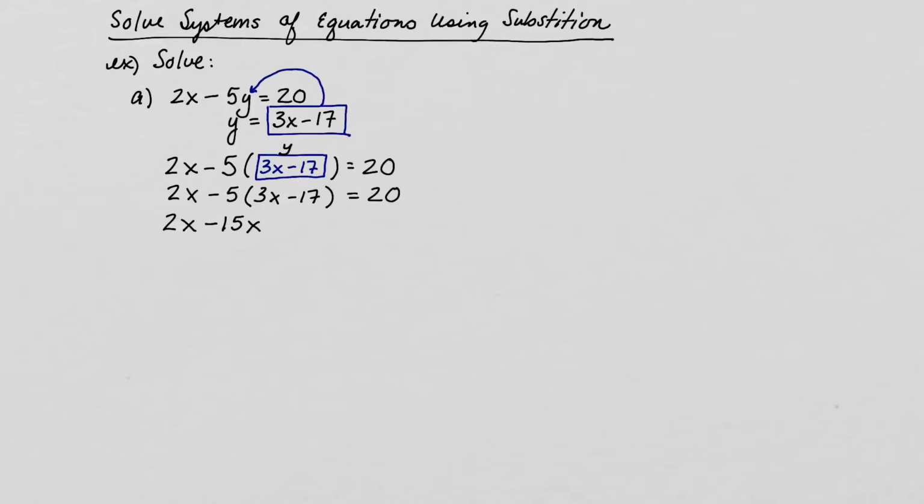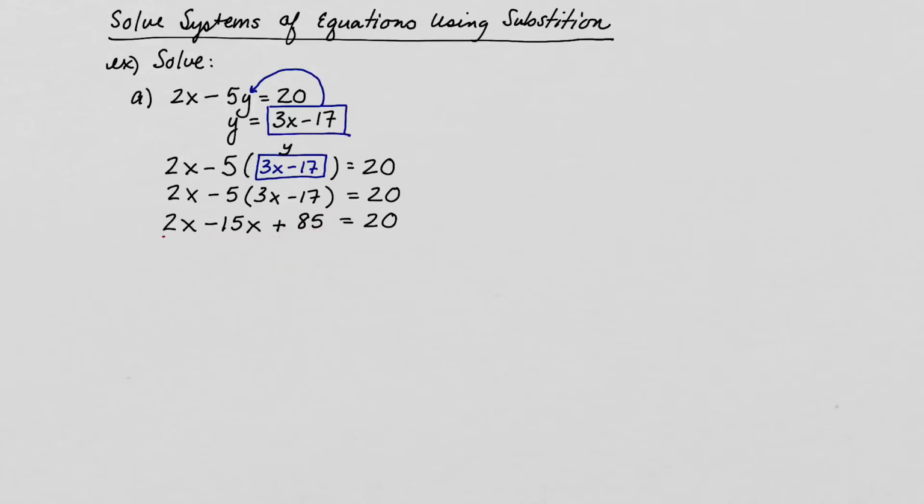I just want to remind you, you don't have to do everything by hand, you can totally take your calculator out. 5 times 17 is 85, and I have a negative here and a negative here, so when I multiply those two negatives together, I end up with plus 85 equals 20.